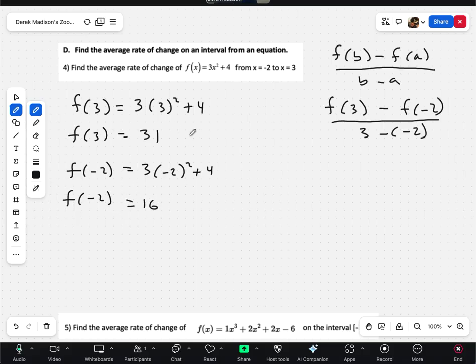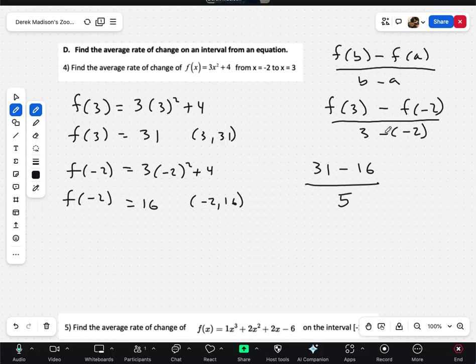And so what this means is when x is 3, y is 31, and when x is negative 2, y is 16. So it's the same ordered pairs, we're just having to calculate what the y is. So coming back here, f of 3, that's our 31, our y value, minus 16, that's our f of negative 2, over 3 minus negative 2.